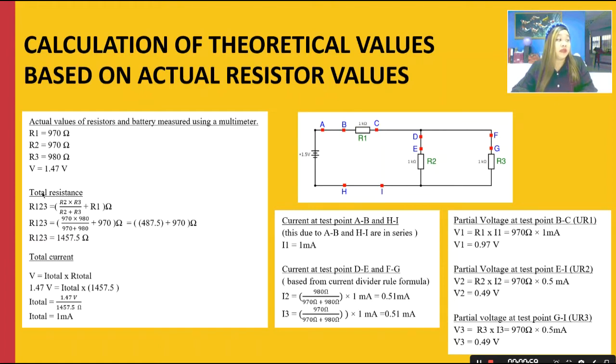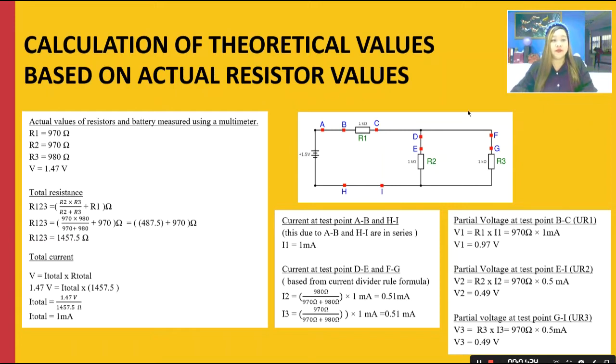So with that we get a total resistance of 1457.5 ohm, and the total current is still 1 milliamp, and the current at test points A, B, and HI is still 1 milliamp. I2 and I3 are slightly different at 0.51 milliamp, and the partial voltage at test points for R1 is 0.97 volt, R2 is 0.49 volt, and R3 is 0.49 volt.